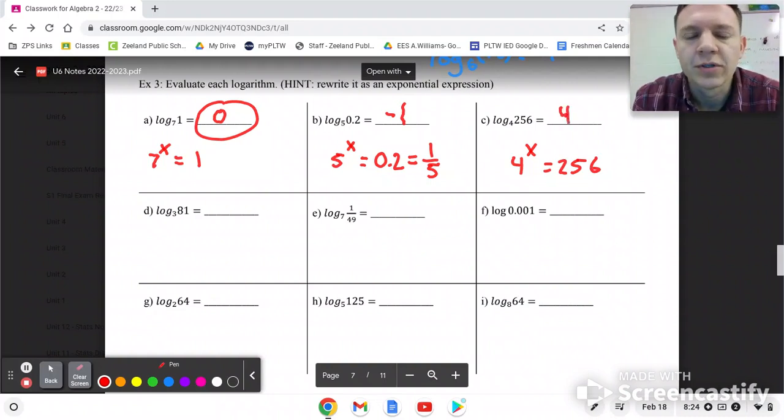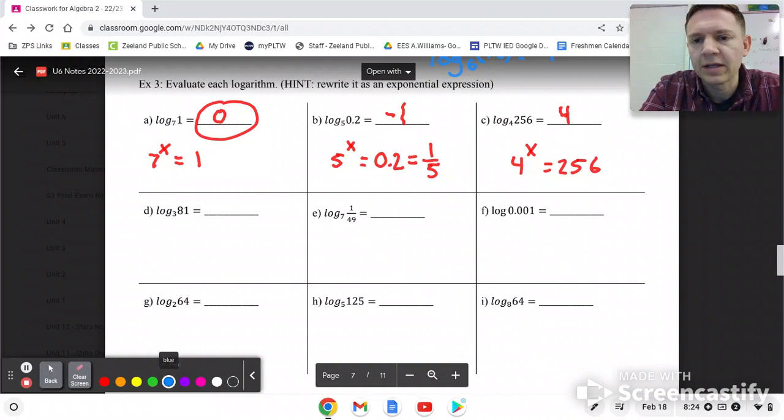One thing I want you to notice here: if you plugged log base 4 of 256 into your calculator, it would equal 4. What would come out of your calculator is 4. If you punched out log base 5 of 0.2, you'd get -1. The calculator would spit out -1.